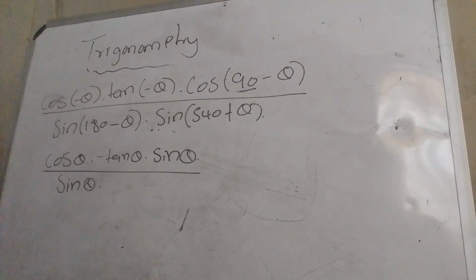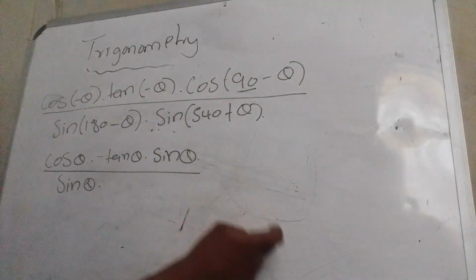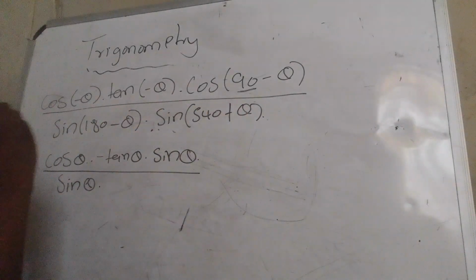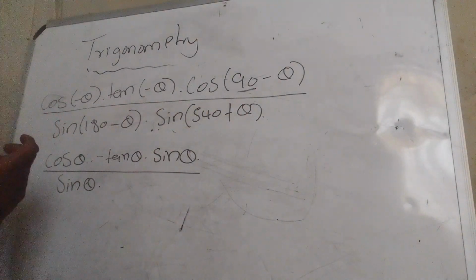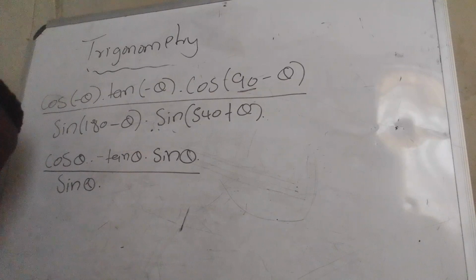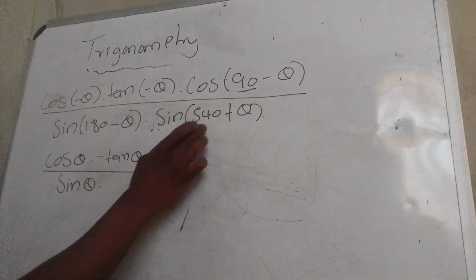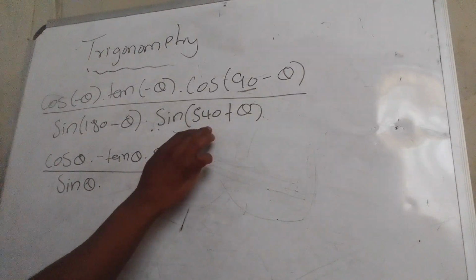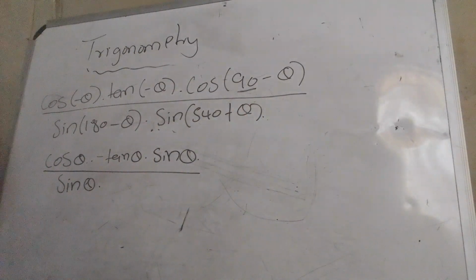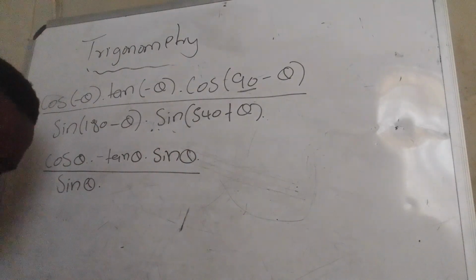In our case in the plane, we have 90, 180, 270, 360, and now something like 540. Since we have 540, this number is greater than 360.